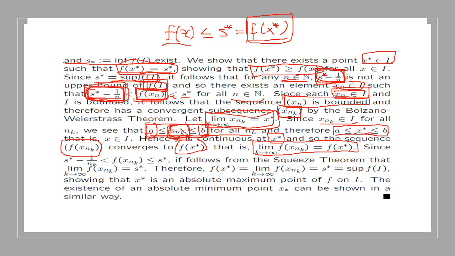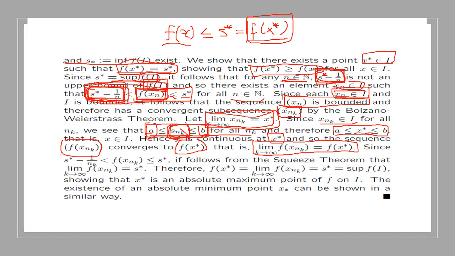Now, from this inequality here, S star minus 1 over n is less than f of xnk, which is less than or equal to S star.